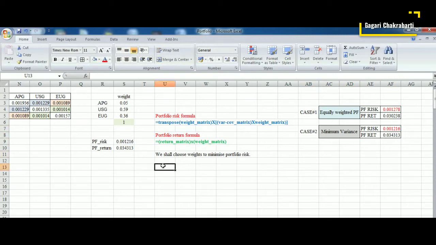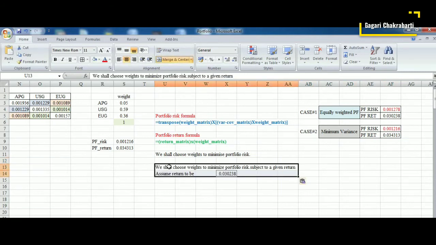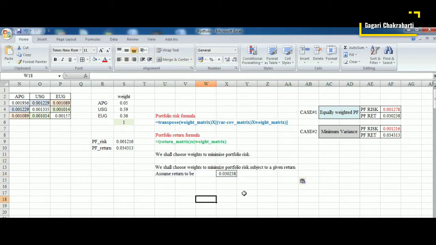Now we shall be considering two other portfolios. The first one will be minimizing risk for a given level of return, and the second one will be maximizing return for a given level of risk.